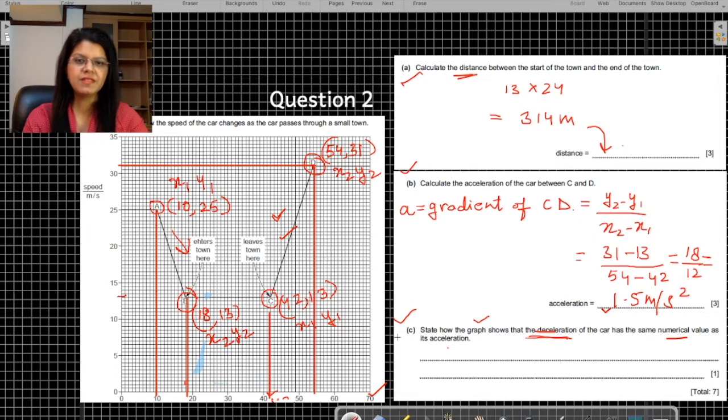What is the formula for the gradient? We have to find the deceleration. Again, it means you have to find the gradient. Gradient is y2 minus y1 over x2 minus x1.